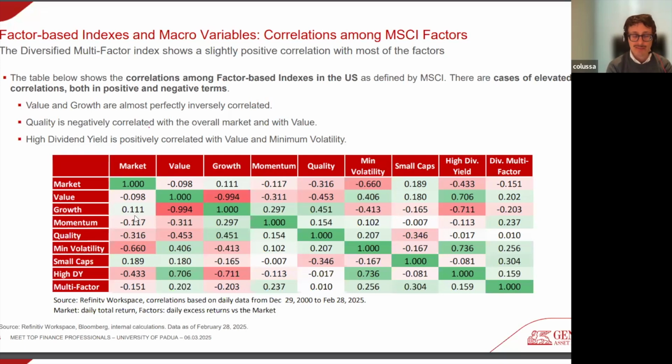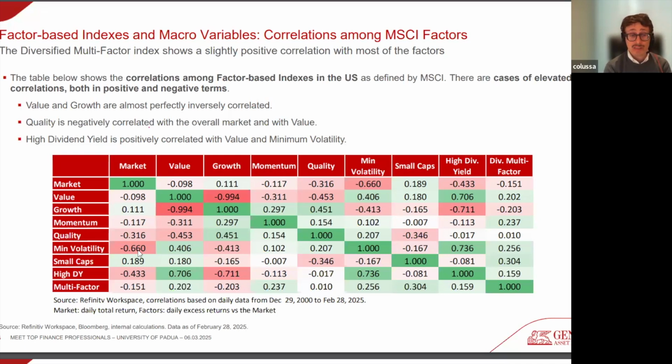So basically, this means that these factors are uncorrelated to the market. This is a useful feature because it can add to the diversification of a portfolio. When you add, let's say, a factor strategy overlay to a traditional portfolio, you can reduce volatility given the low correlation between the factors and the market itself.